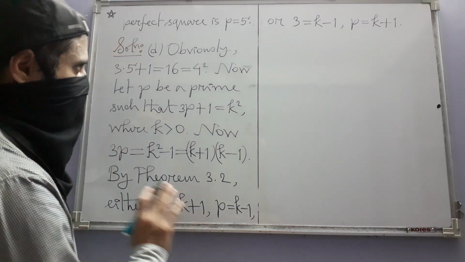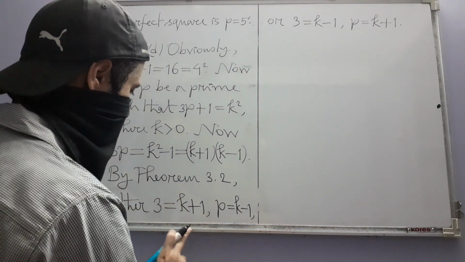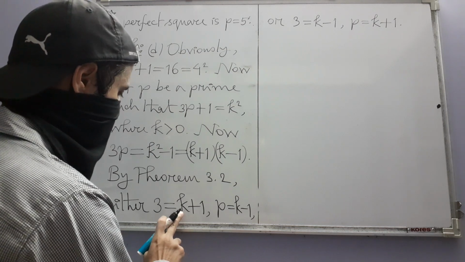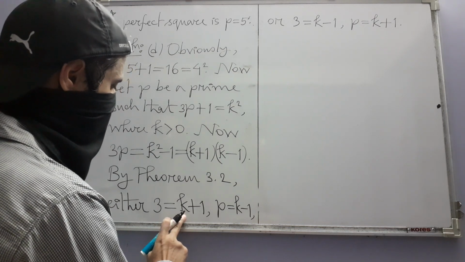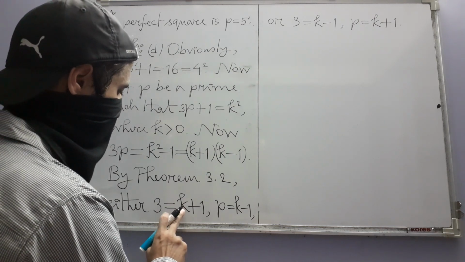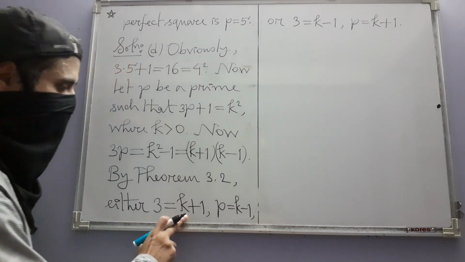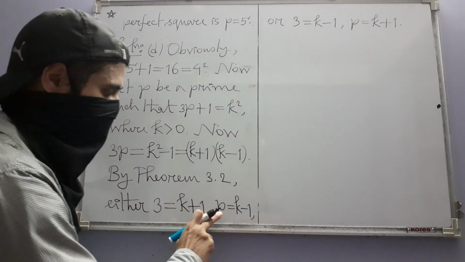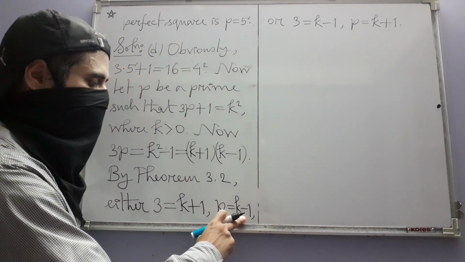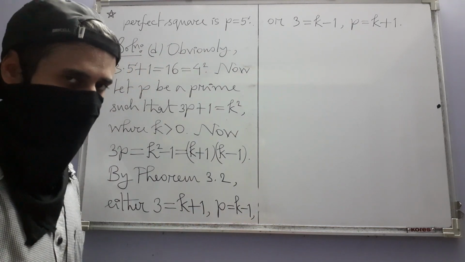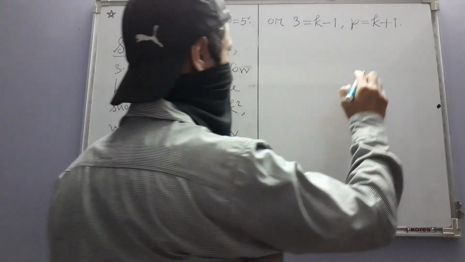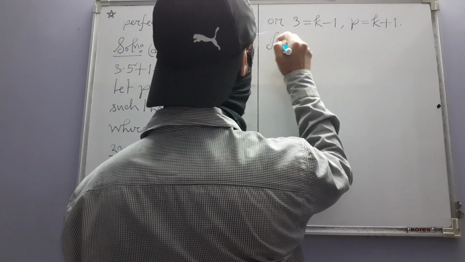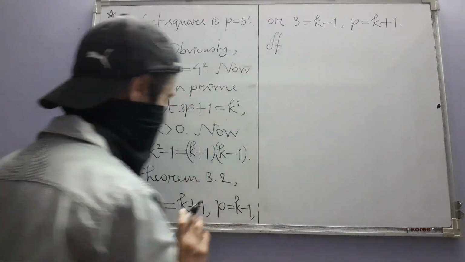Now let's look at the possibilities. What does this give us? This gives us the possibility that k has to be equal to 2. But if k is 2, then p has to be 1, which is not possible, right? So that's where we start to rule it out.